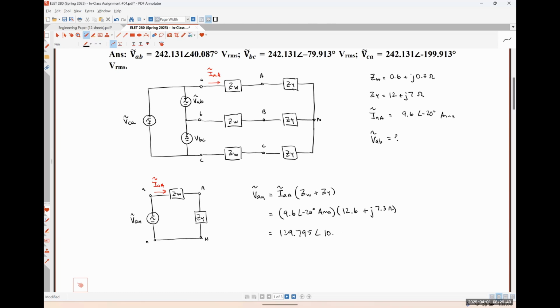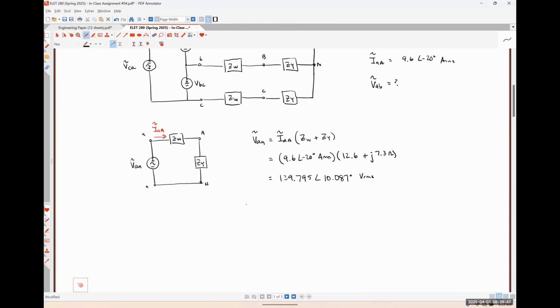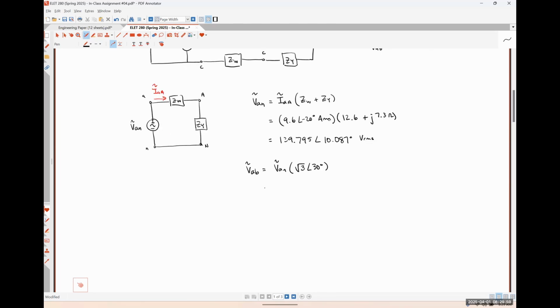So let's call that 10.087 degrees volts RMS. And then from here, VAB is just VAN times root 3 angle 30 degrees. So that would be 139.795 with an angle of 10.087 multiplied by root 3 angle 30 degrees.